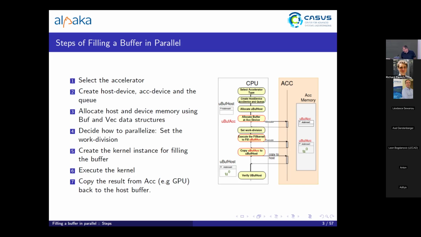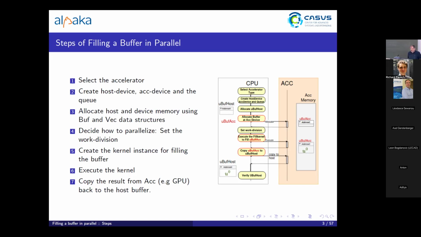Then at step 3, we allocate memories at the ACC device and the host device. You can see that there's an allocate ubuff host. A memory is allocated in the host, in the CPU, and its address is ubuff host, and we allocate a buffer in the ACC device, in the GPU.